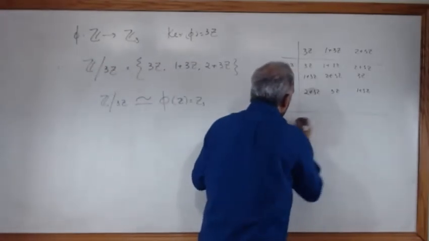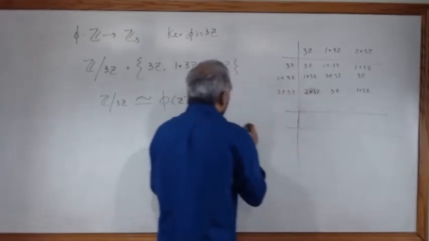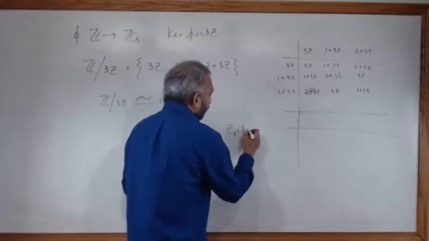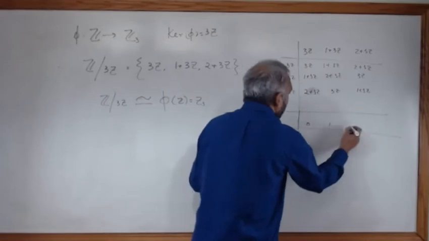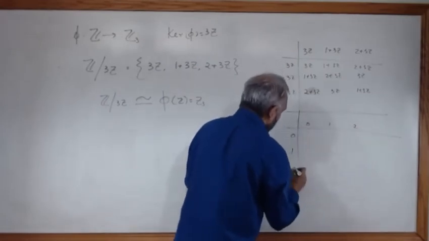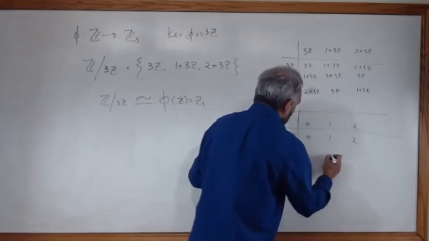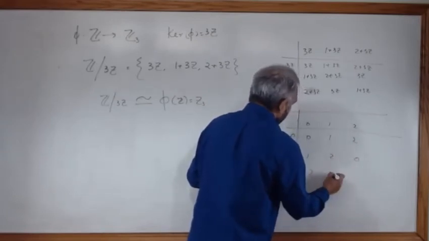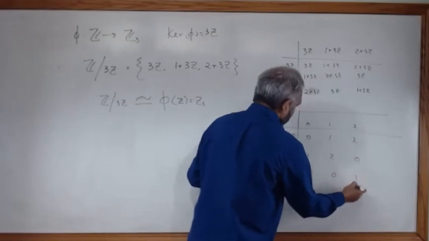Z3 is a group with 0, 1, 2, and its table is 0, 1, 2; 1, 2, 0; 2, 0, 1.